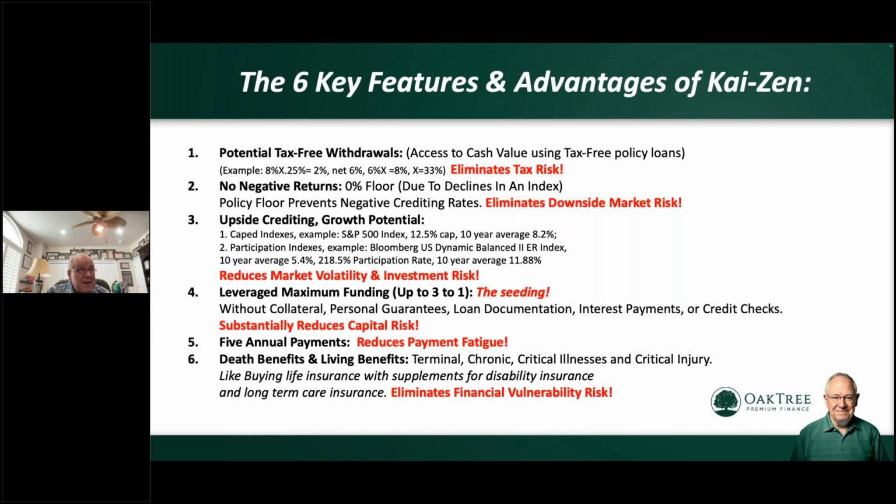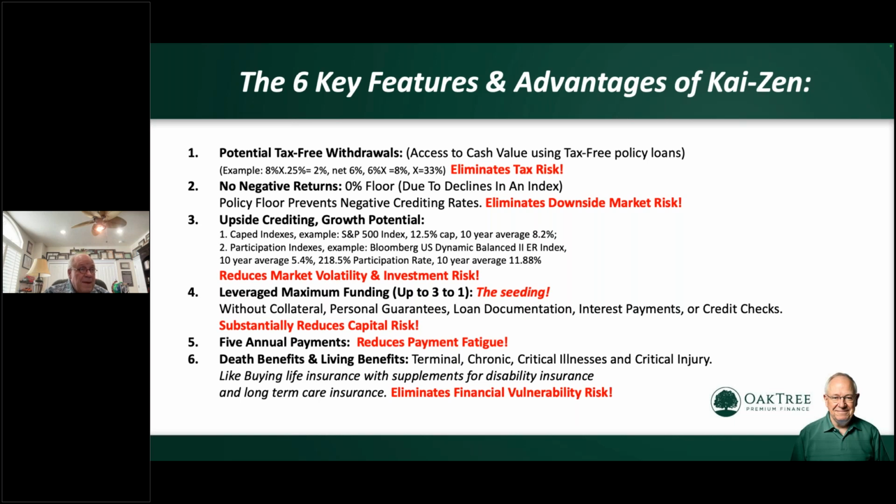That means if you were at this 218.5% participation rate for 10 years, you'd be 11.88. So upside crediting, growth potential, zero downside, and tax-free. I want to do another webinar at this point and say, wow, those first three are pretty cool. The question is, why not?